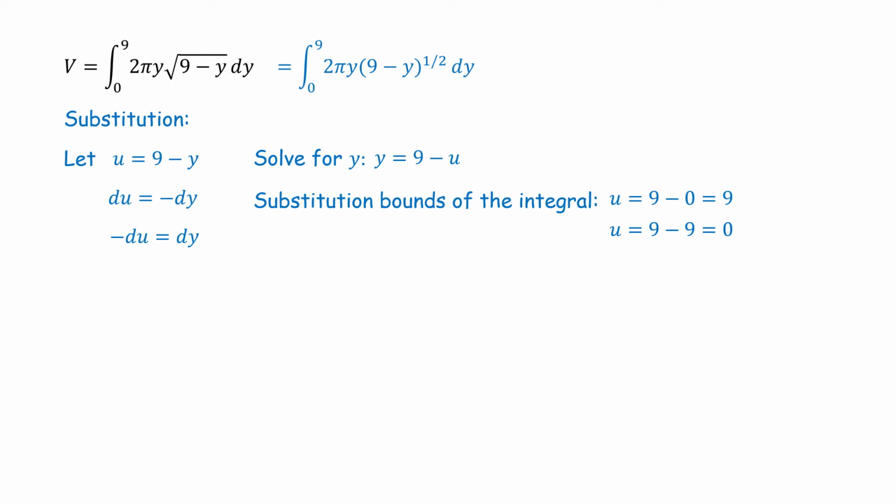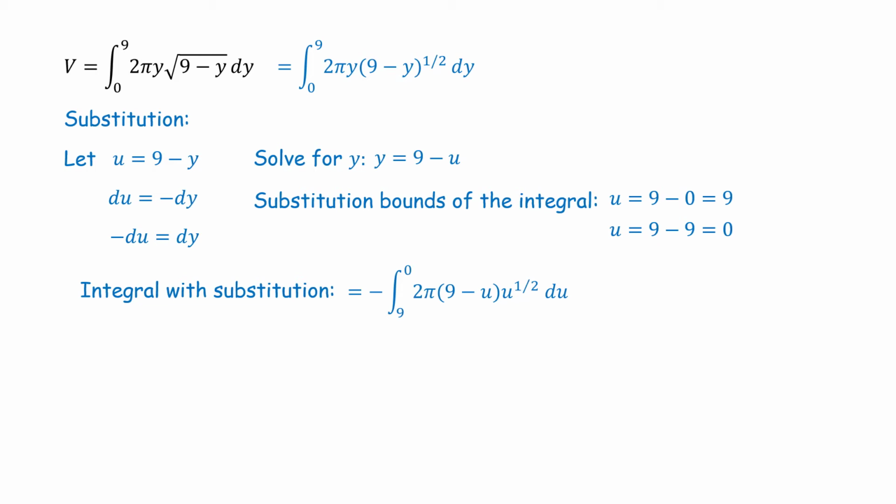Now we've got the information we need to write the integral with our substitution. We begin. The negative outside of the integral is in place because we had to put in negative du for the dy. The limits of integration, we just solved for them.